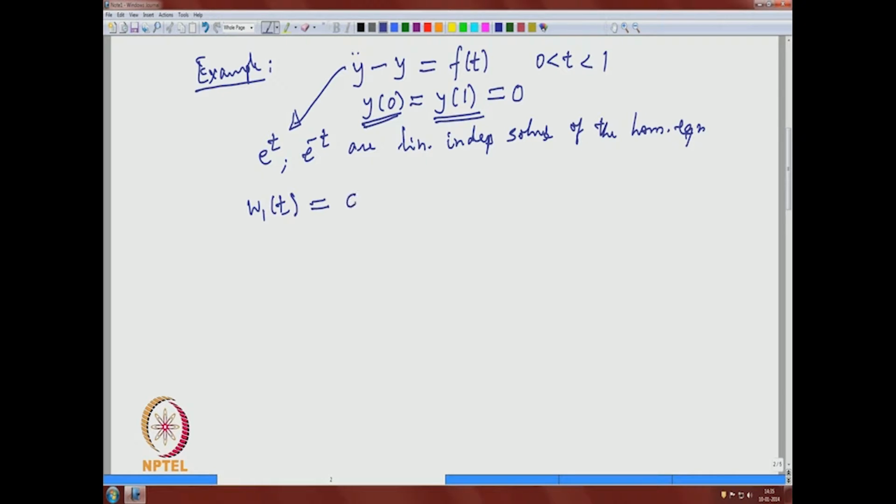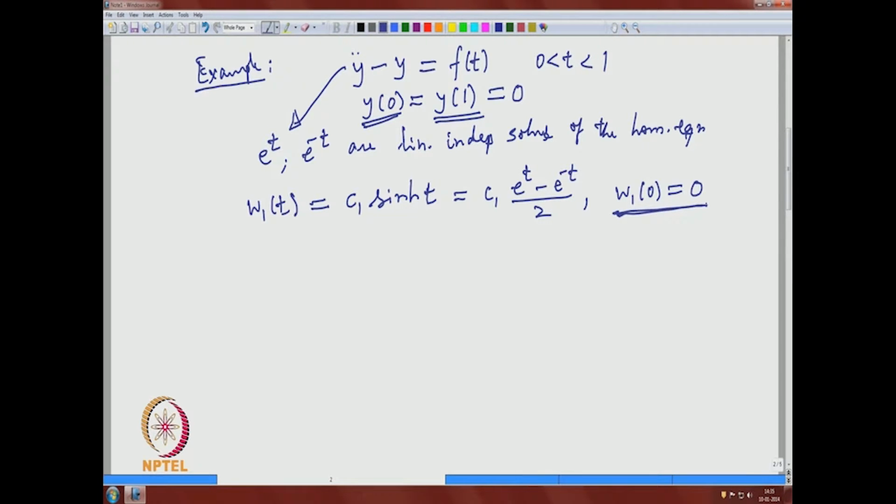So, one that is easily found is sinh t, sine hyperbolic t. You all know this, but let me write that. And you see that w1(0) is 0. So, that is a solution of the homogeneous equation, and it satisfies this boundary condition.